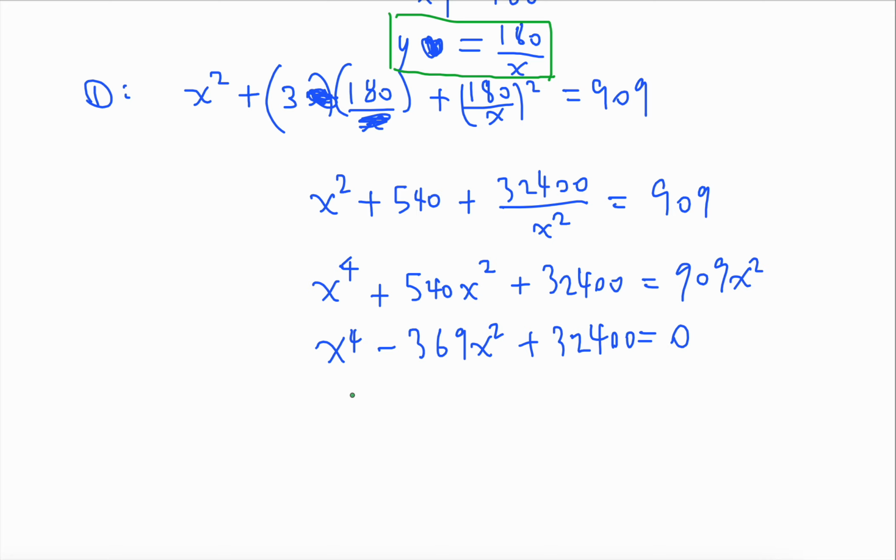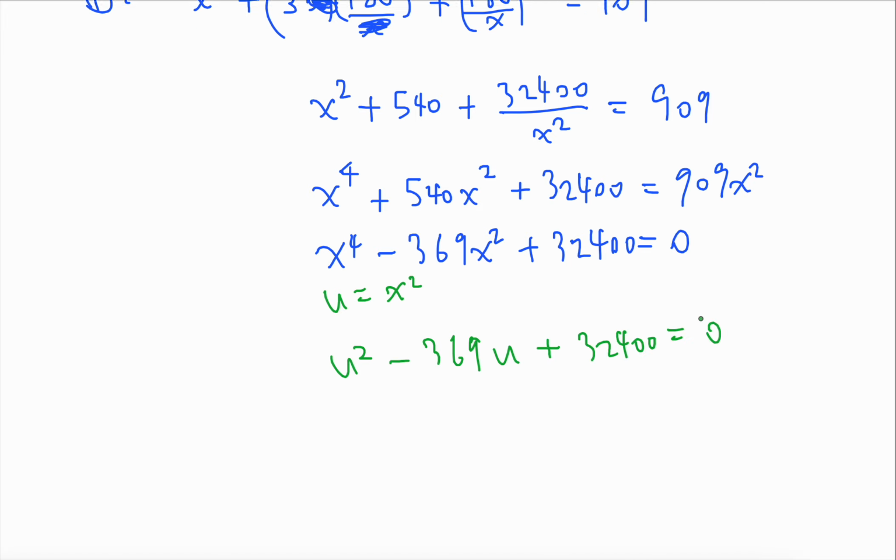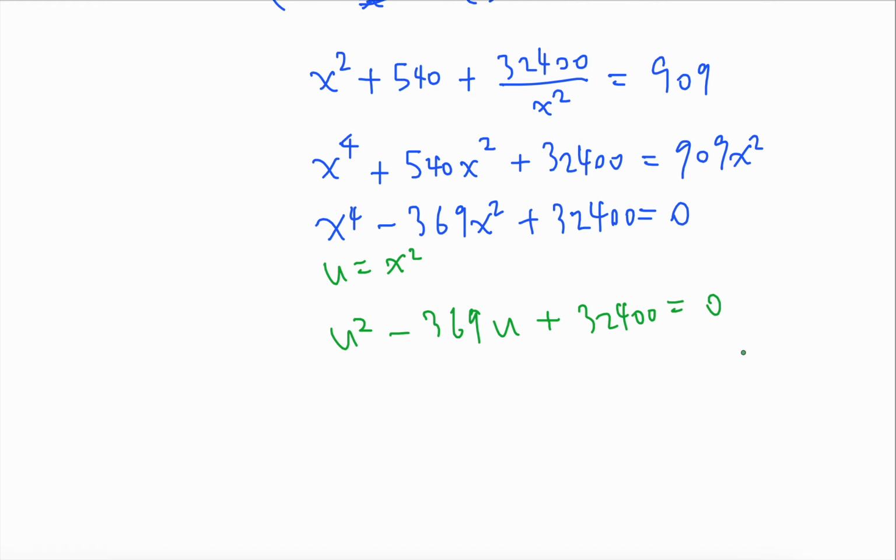We can substitute u equals x squared. Then you just have u squared minus 369 u plus 32400 equals 0. And then what numbers multiply to this and also add to that?